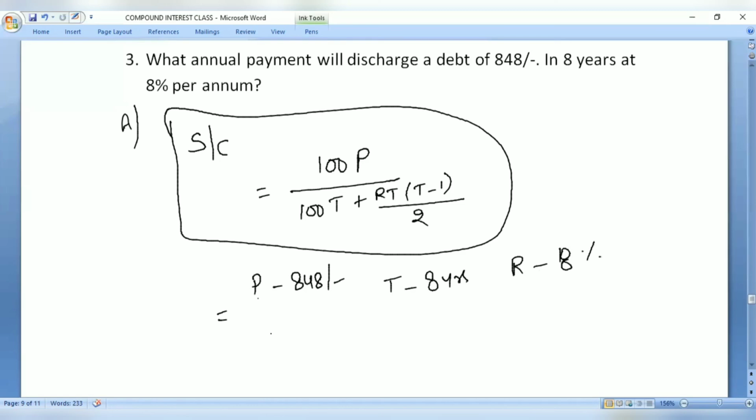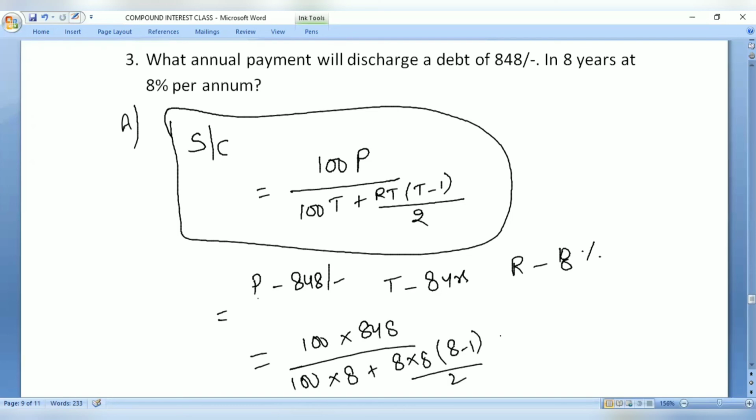Now, in this case, the formula is 100 multiplied with P, that is 848, divided by 100 multiplied with the time, that is 8, plus rate of interest 8, time period 8, into 8 minus 1, that is 7, divided by 2.